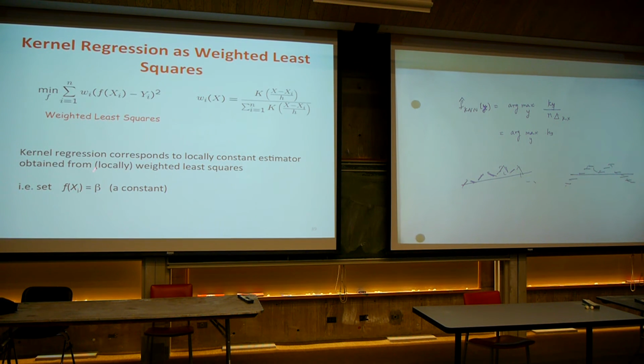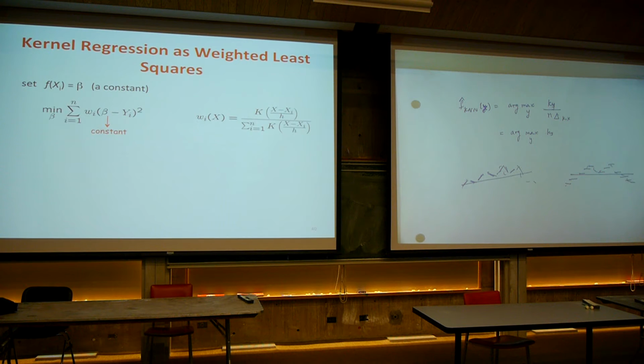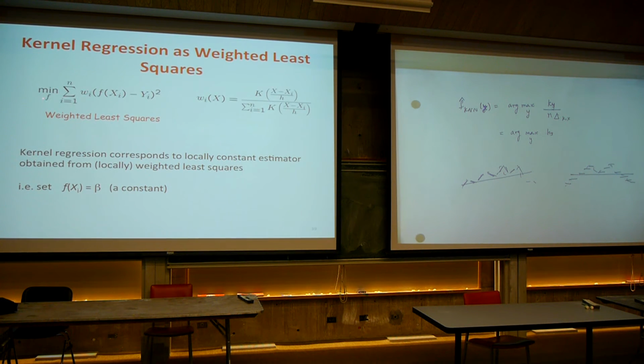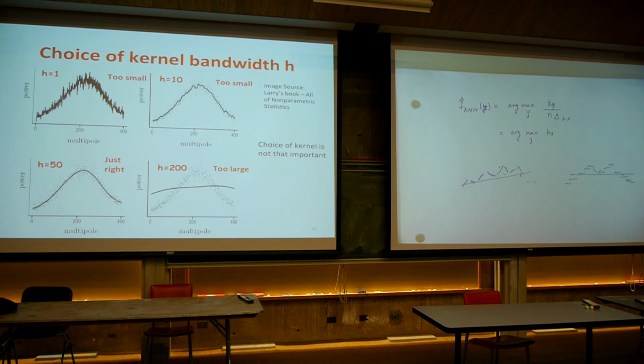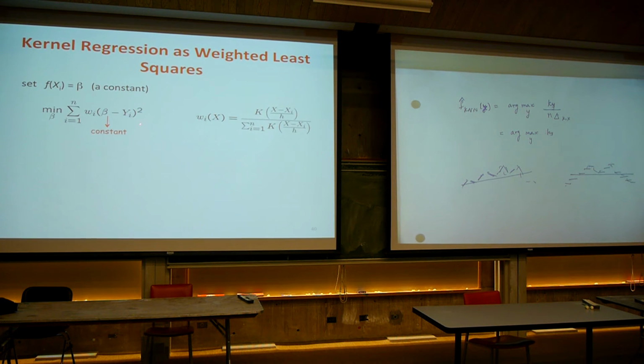Okay, so let's do that, at least for the constant case. We can plug in f of xi equal to beta here, and let's see what pops out. I put in f of xi equal to beta in this expression, and of course now I'm minimizing over beta. So that's the expression you get, right? And let's see for what value of beta this is minimized.